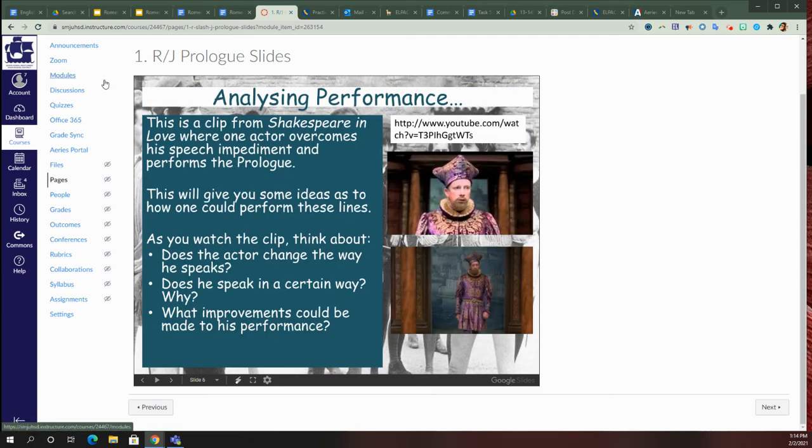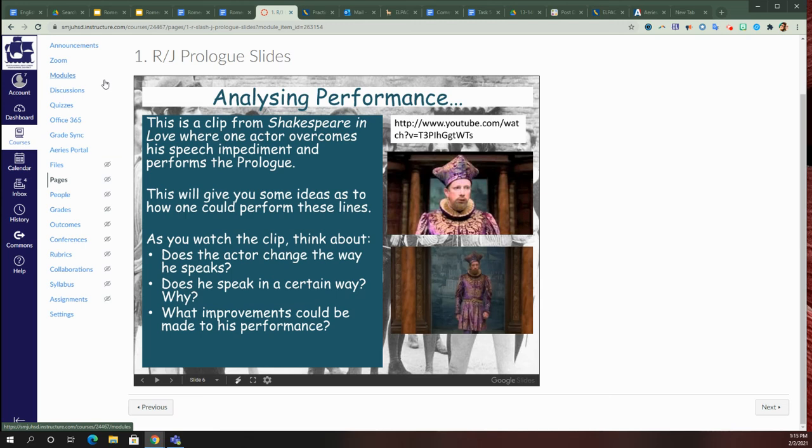Luckily for us, there are a lot of film clips of what this could look like. And this is actually a clip from the film called Shakespeare in Love. And there's a character who has a speech impediment, and he performs the prologue. But what I want you to pay attention to is, while you are watching this character perform these lines of the prologue, what do you notice about the way the character speaks?